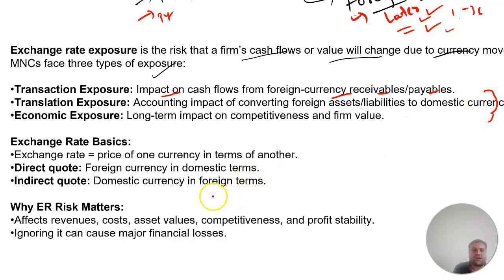Then we understood the basic concept of exchange rate. Exchange rate is nothing but the price of one currency in terms of another. We also understood that there are different quotes, direct quote and indirect quote.